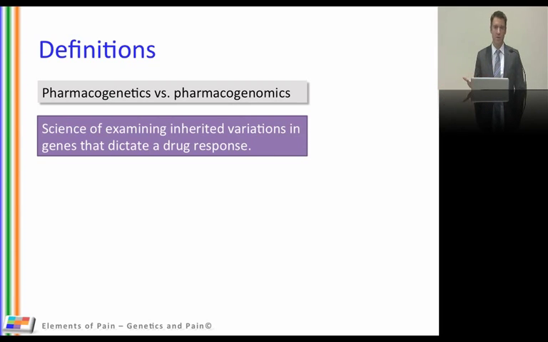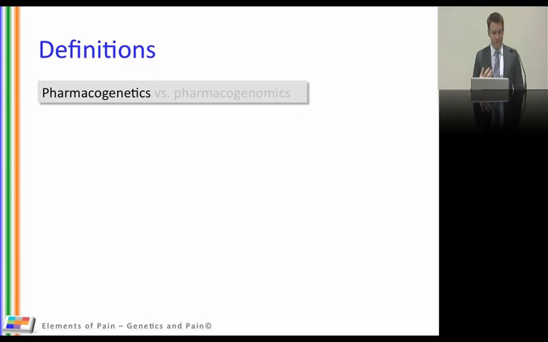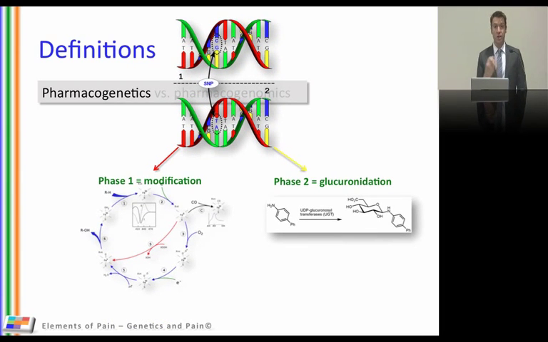So that's both of them, genetics and genomics. We're both looking at the same thing. However, if you look at pharmacogenetics, this is essentially looking at the SNPs, single nucleotide polymorphisms, and how those changes can affect modification of drugs and glucuronidation of drugs, so how drugs are metabolized.